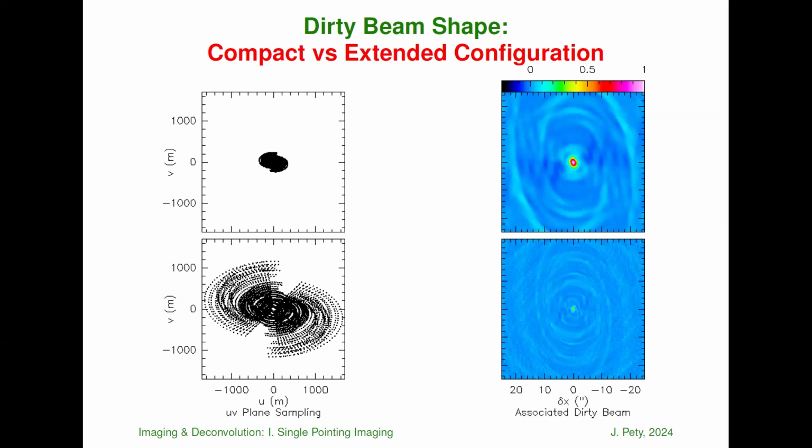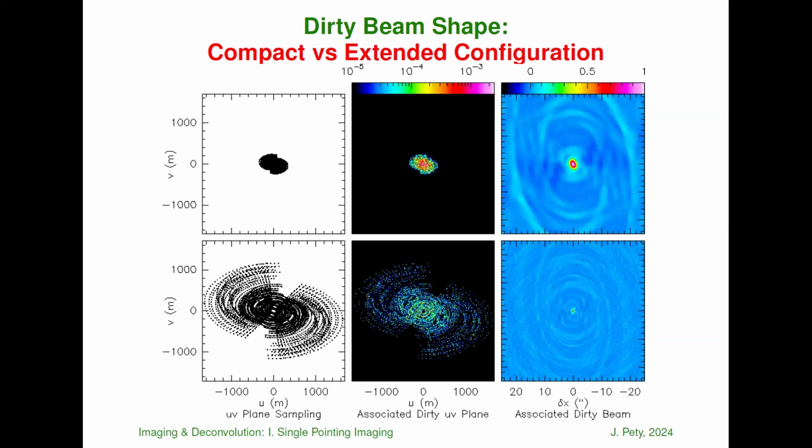Well, the point is there is a price to pay to go to extended configuration. The price to pay is that you have a limited number of antennas, which means a limited collecting area to get photons.